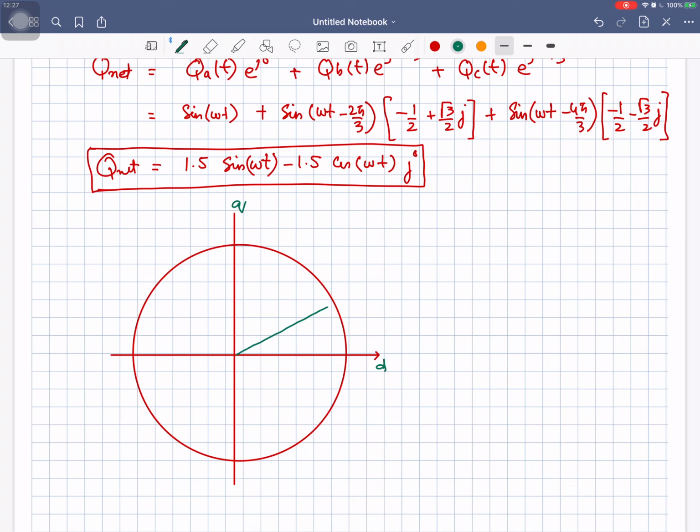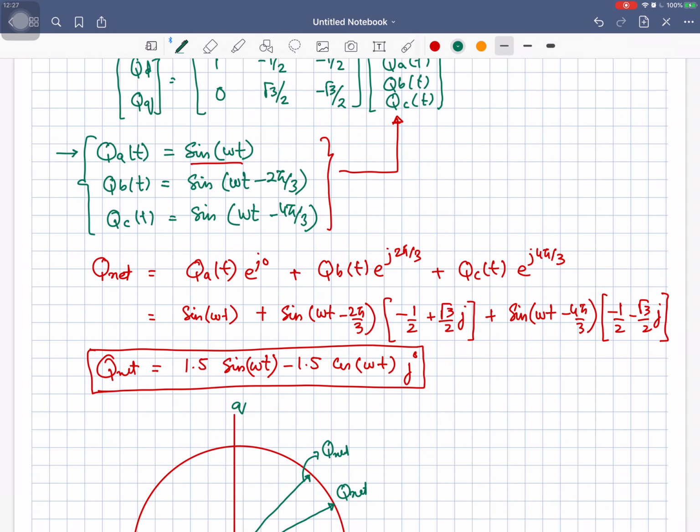At one instant of time, you will get some Q net, that is at this point, and let's suppose this is at angle theta. At a certain other instant of time, as the time changes, theta is equal to omega t, your Q net will be somewhere over here, because its magnitude is always 1.5 times the magnitude of sine of omega t, which was our first phase. So the magnitude of the d component is 1.5 times the magnitude of your phase.